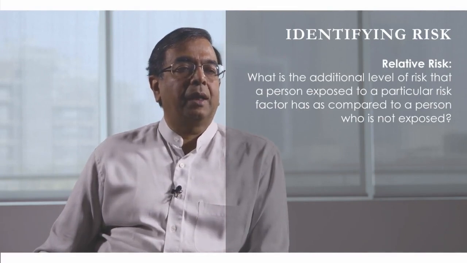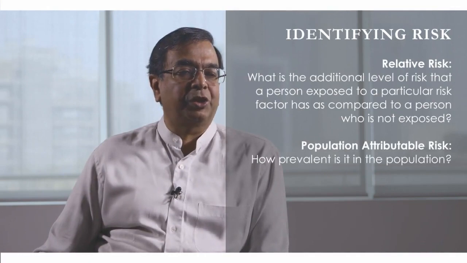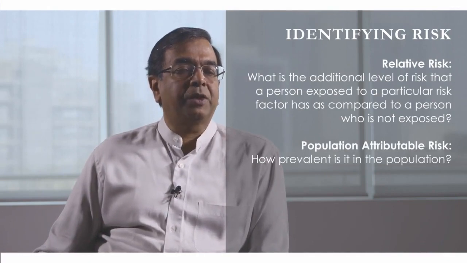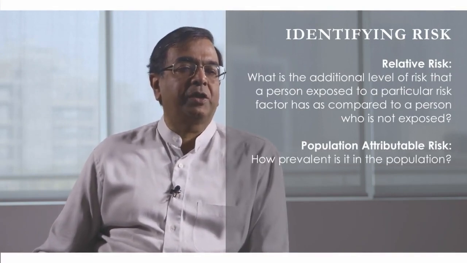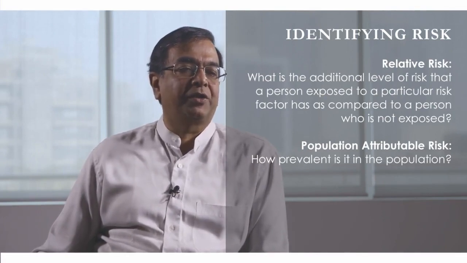But that does not tell you how widely prevalent that risk factor is in the population. Now, if the risk factor has a high relative risk but has low prevalence in the population, it does not require as energetic a policy response as a risk factor which has a modest relative risk but is widely prevalent in the population, smoking, for example.